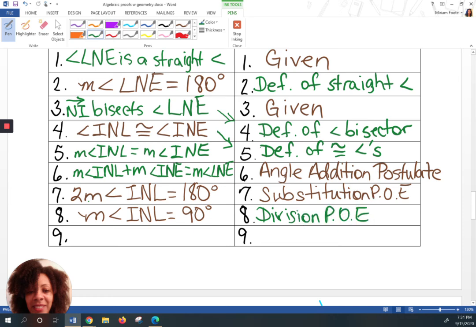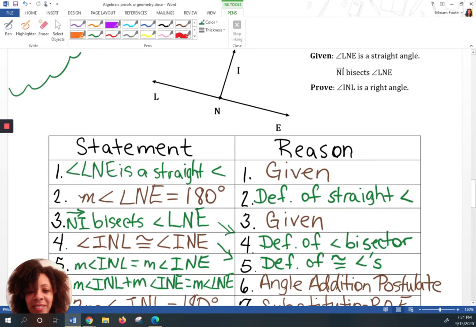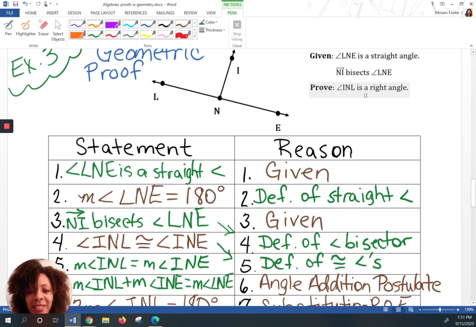And then finally, if I'm on my last statement, I want to go back to what I am actually trying to prove. So this is what I'm trying to prove, that angle INL is a right angle. Do not write prove as a reason. That will never be a reason. So what you do write is what you are trying to prove, but you write that under your statement.